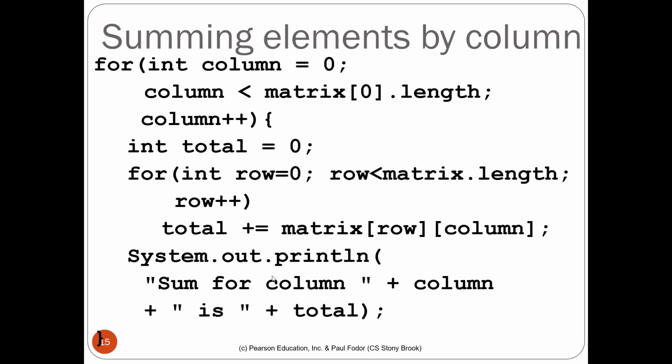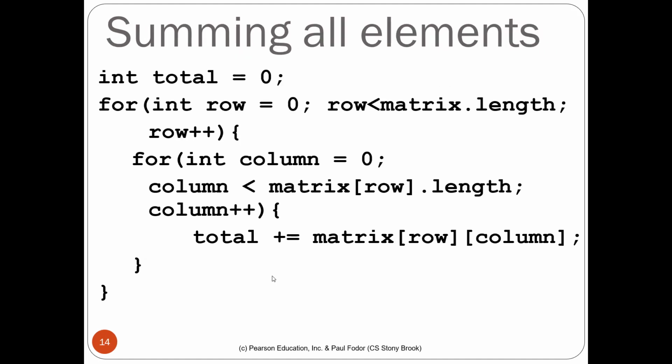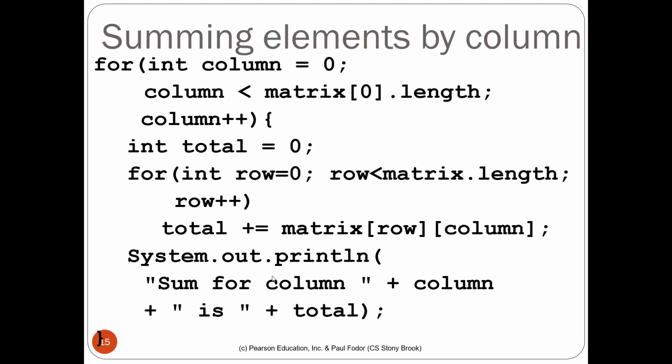Okay, so this is slightly different. Right here we were summing all the elements, but the program that we have right now is slightly different and slightly difficult also. So here we want to find out the sum of elements by column. That means you want to find out the sum of all the elements in column 0, sum of all the elements in column 1, column 2, column 3, and so on and so forth.